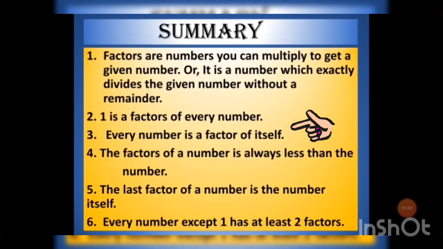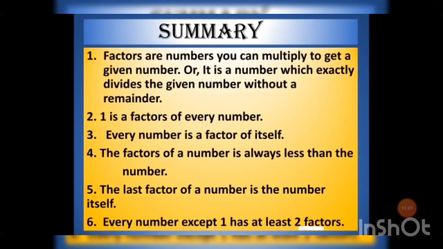Every number is a factor of itself. Don't forget that. You must add that number itself. The factors of a number are always less than the number except itself. Yes. The last factor of a number is the number itself. That number itself is what you write last.